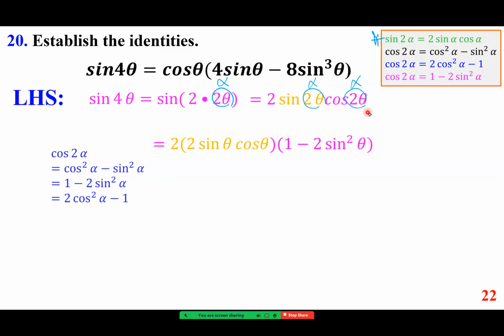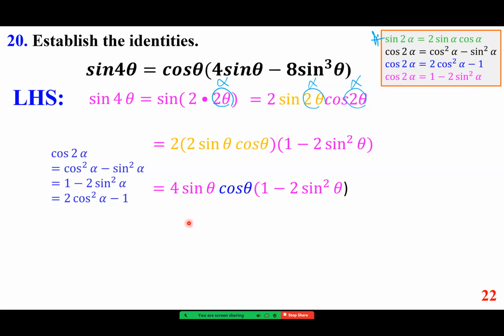Now what happens? Four sine theta cosine theta times 1 minus 2 sine squared theta. Remember, ultimately, you want to make it look like the right-hand side.